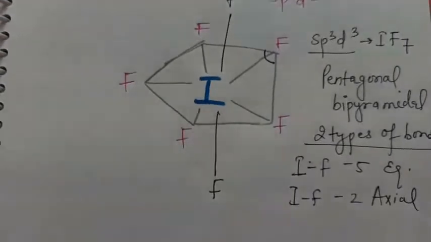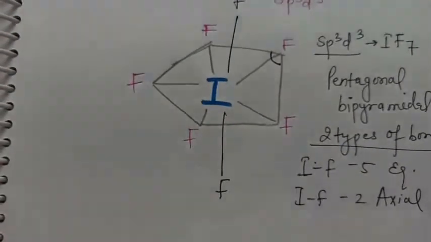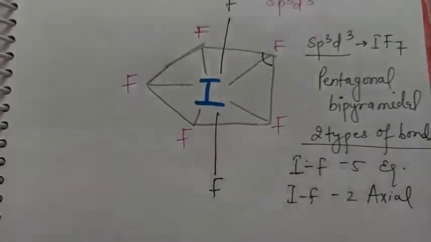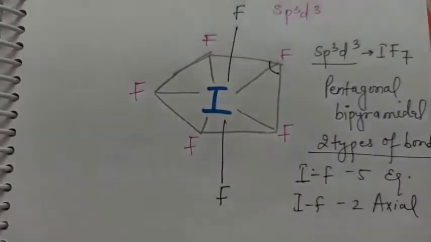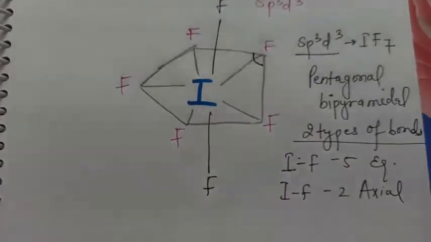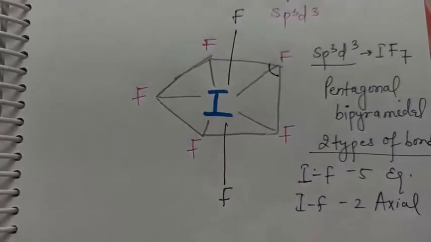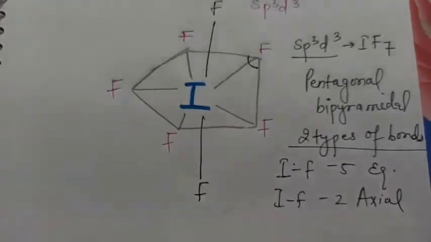PCl5 में इक्वेटोरियल वाले छोटे होते हैं, एक्सियल वाले लंबे होते हैं. IF7 में अपोजिट होता है, यहाँ एक्सियल छोटे होते हैं और इक्वेटोरियल बड़े होते हैं. हालांकि आपको इस पर इतना ध्यान देने की जरूरत नहीं, बट इन ज्योमेट्रीज की ये खासियत है कि पेंटागोनल बाइपिरामिडल में उल्टा होता है ट्राइगोनल बाइपिरामिडल का.